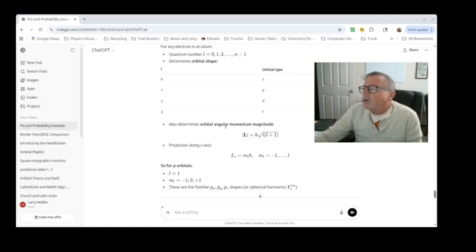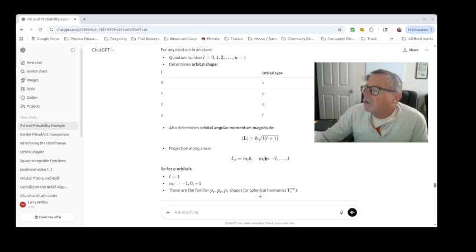The orbital angular momentum magnitude can be determined from the L value. So let's take the L value where it's 0. If it's 0, then what does that give us? That gives us 0. This means that for the S orbital, there's no angular momentum.